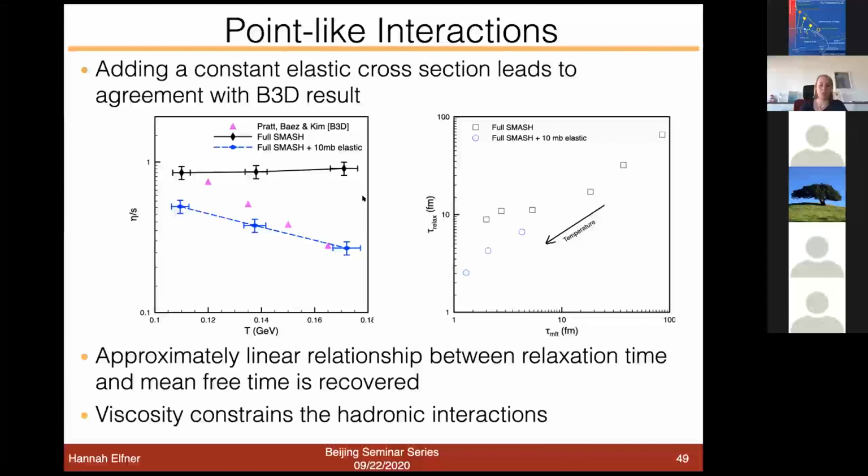So finally, after this first study on shear viscosity, we're now thinking that if we knew the low temperature shear viscosity from experimental data better, we could actually constrain the properties of our resonances, or our hadronic interactions, in the end.